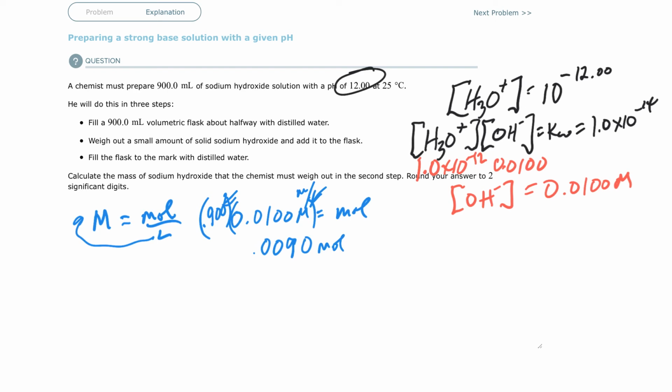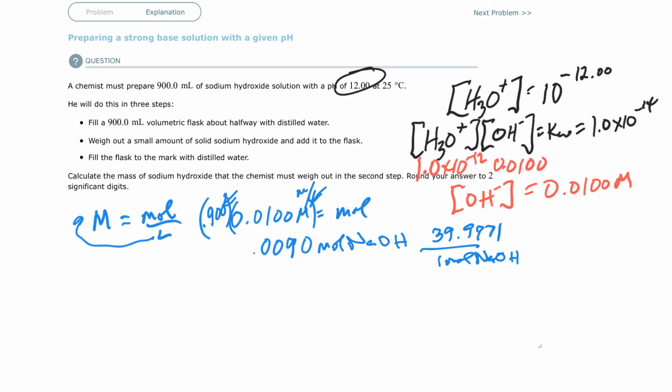Now I just need to figure out how many grams that is, because I need to weigh it out. So we're going to say moles of sodium hydroxide, and then in 1 mole of sodium hydroxide you're going to have the grams from the periodic table. You'll take the Na plus 1 O plus H, so that's 39.9971 grams per mole.